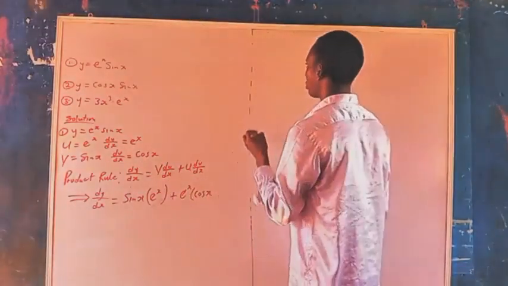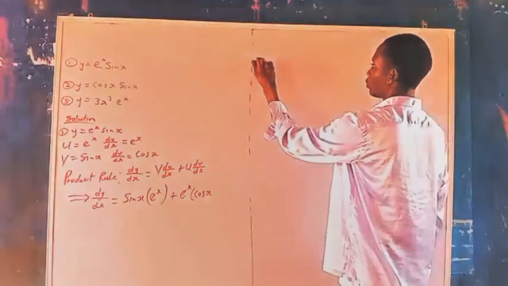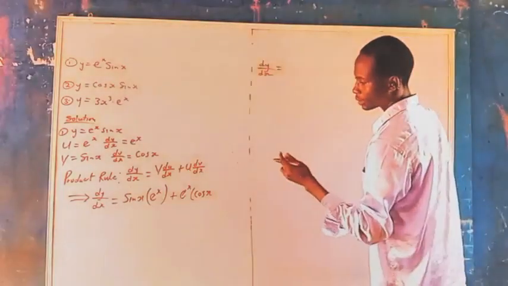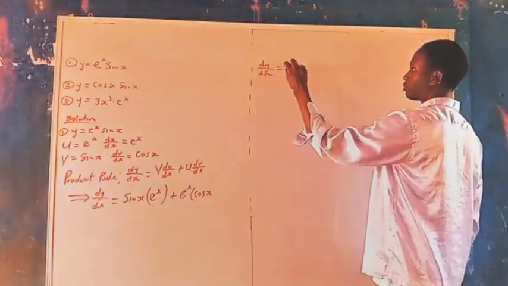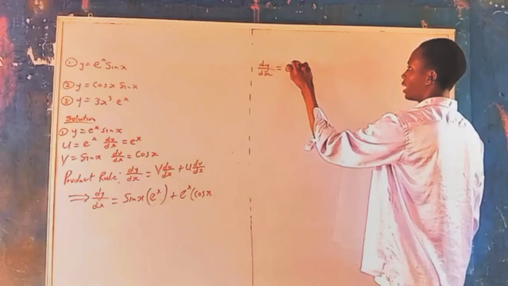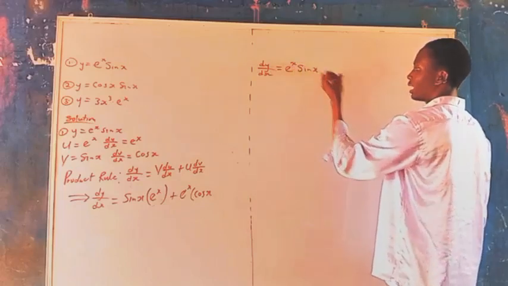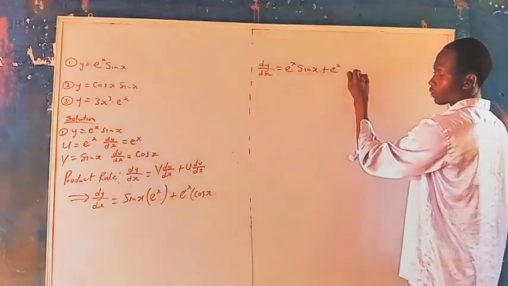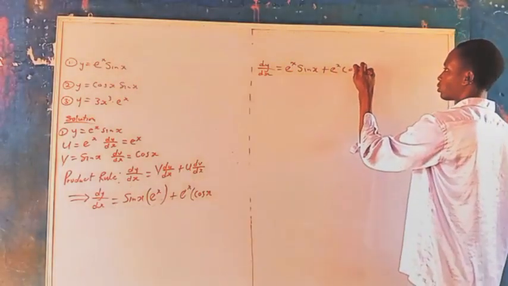So this gives me dy/dx equals sine x times the exponential function of x, which is the same thing as e to the power of x sine x, plus e to the power of x cos x.